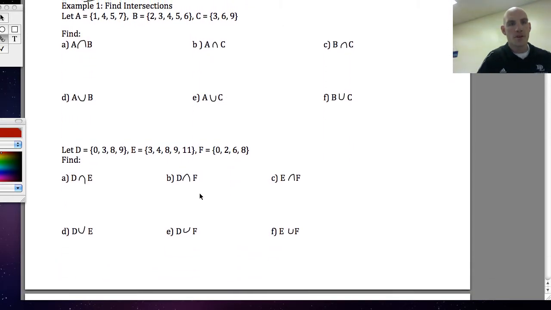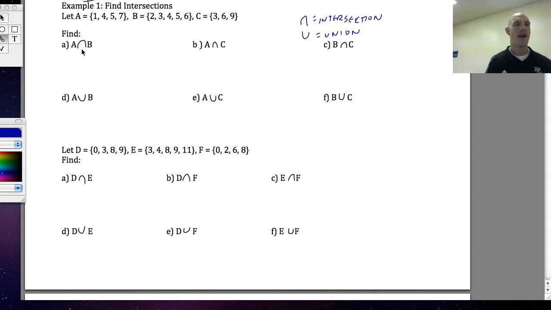When we put some numbers with this, let's see what this looks like. We're going to remember, of course, that when we have the ∩, it's like steak and shake, it's intersection. And the ∪ is union.